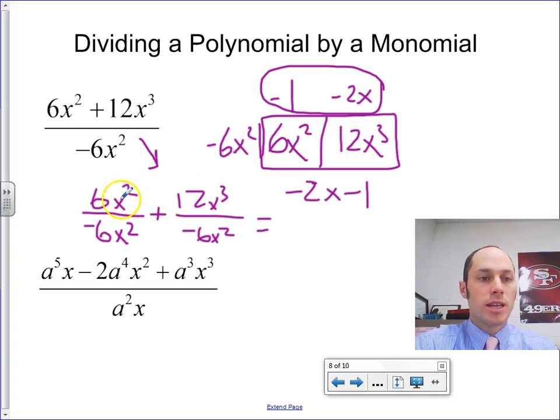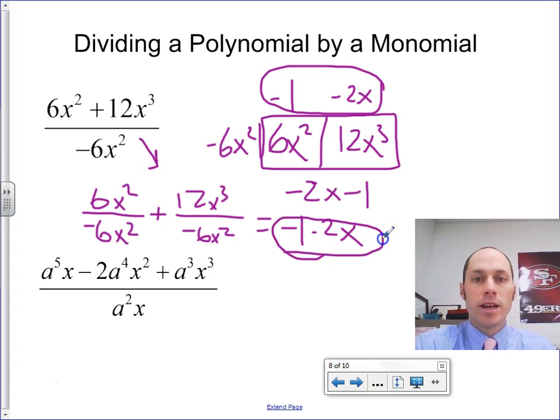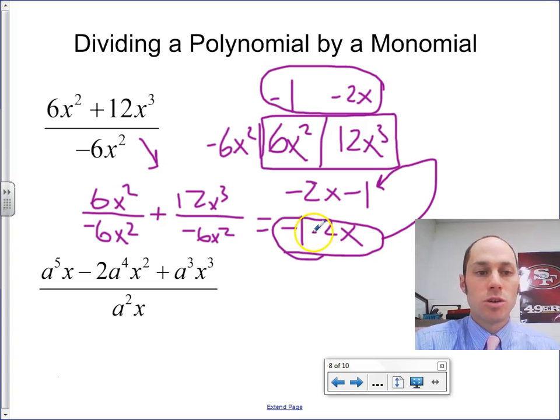So in that case, we get 6x squared divided by negative 6x squared. Coefficients give us negative 1, and the x squareds cancel out to give us 1. X to the third over x squared, we have 1x left over, and 12 divided by negative 6 is negative 2. So negative 2x, which we then can rewrite as negative 2x minus 1. Just switch the order around.